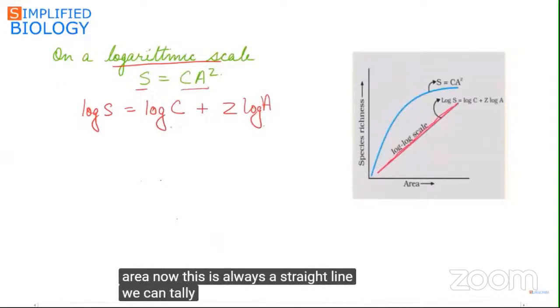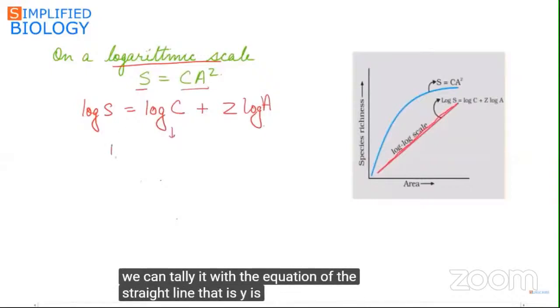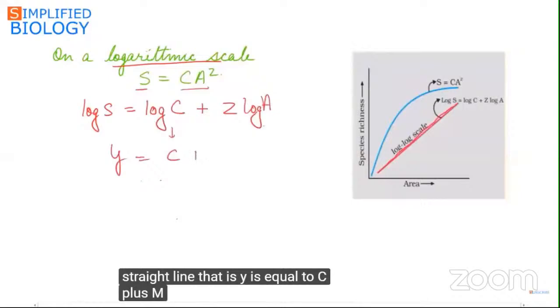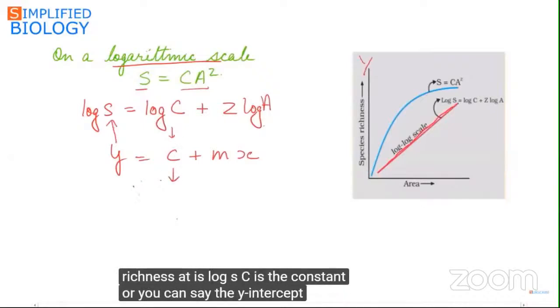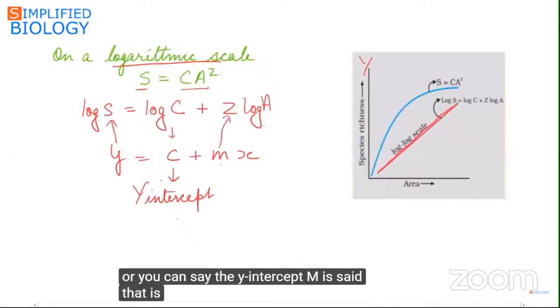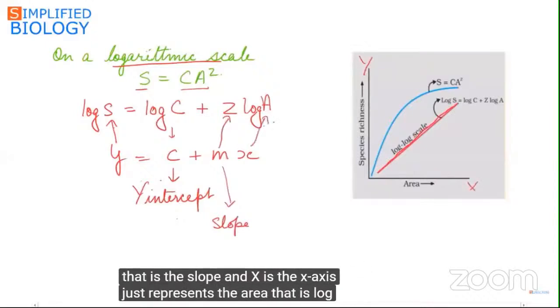We can tally it with the equation of the straight line, that is y is equal to c plus mx. Y, that is y-axis, which represents the species richness, that is log S. C is the constant, or you can say the y-intercept. M is Z, that is the slope, and x is the x-axis that represents the area, that is log A.